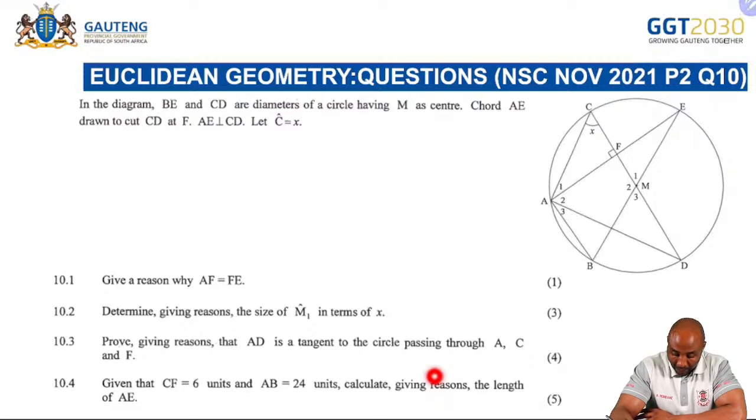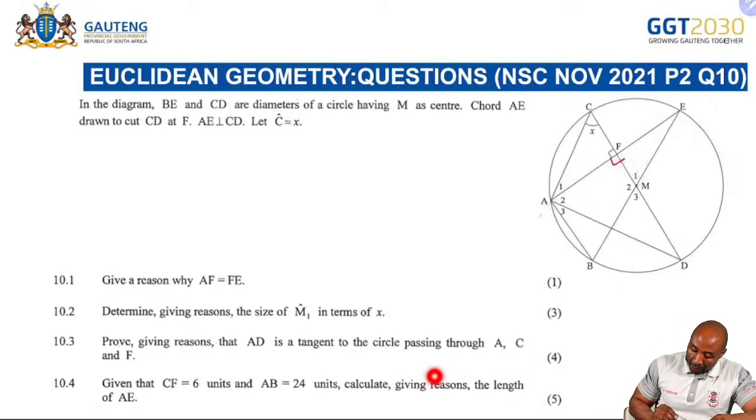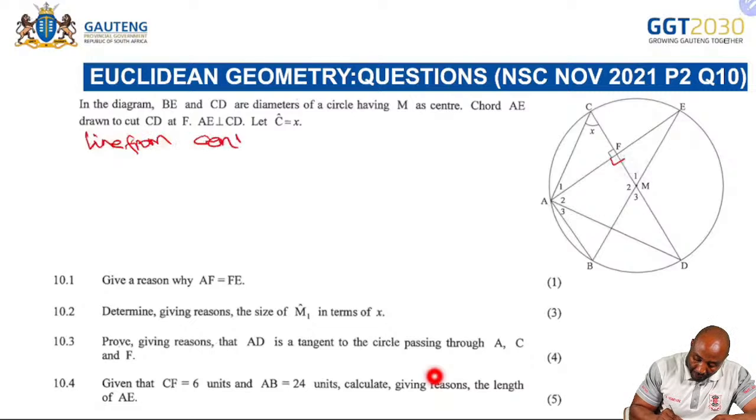Now, to answer the first question, M is the center. So MC is a line drawn from center. And you are able to see that MF is perpendicular to AE. So for 10.1, our reason will be line from center perpendicular to a chord.